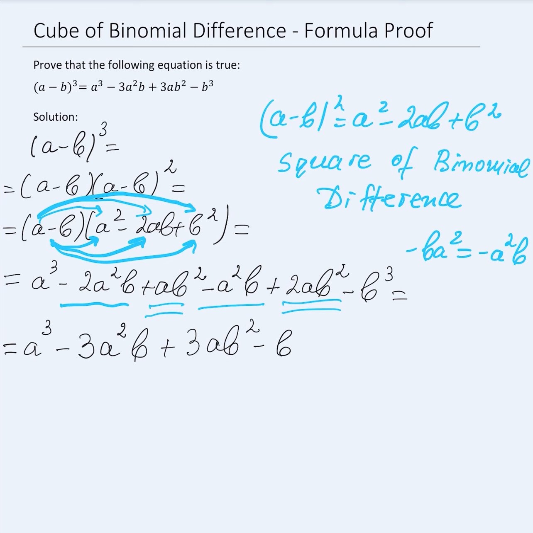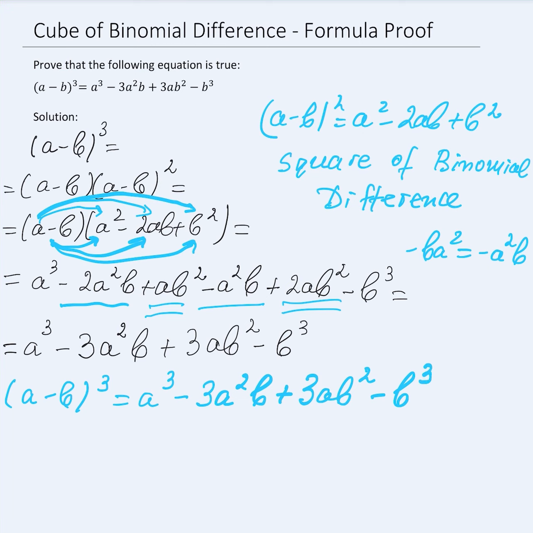And then what's left is minus b^3. In other words, we proved that (a - b)^3 equals a^3 - 3a^2b + 3ab^2 - b^3. This is another widely used formula in algebra.